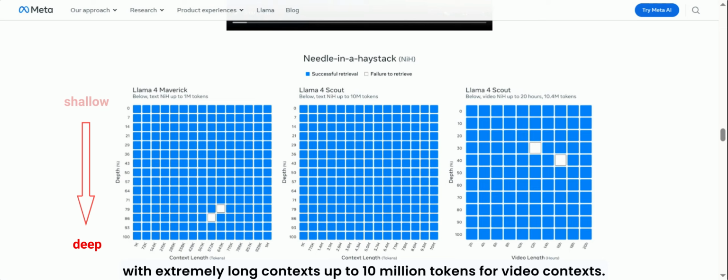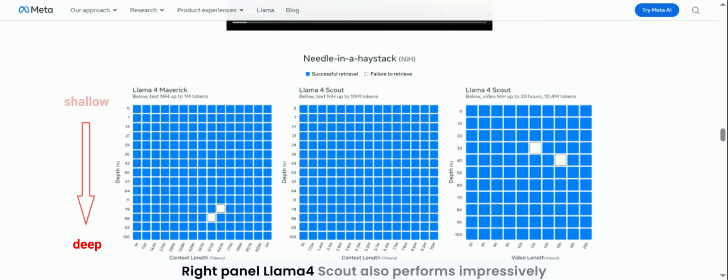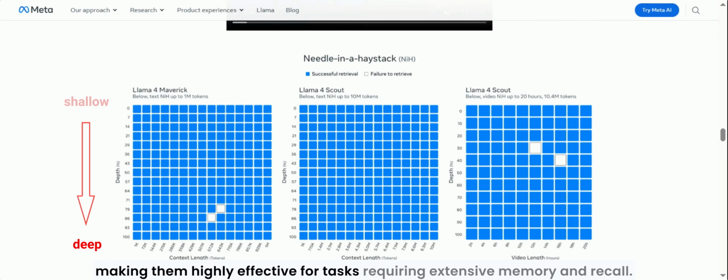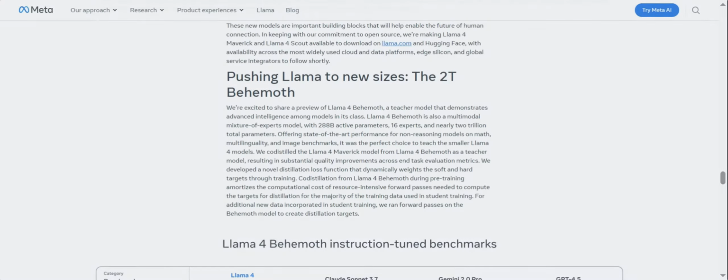For video contexts, right panel, LLaMA 4 Scout also performs impressively, with only a couple of failures at longer durations and deeper depths. This diagram highlights the LLaMA 4 models' capability to handle very long contexts and retrieve specific information accurately, making them highly effective for tasks requiring extensive memory and recall.